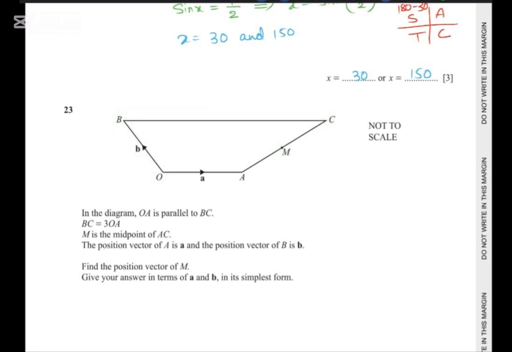Now we have been given that M is the midpoint of AC. So let us first find out AC.